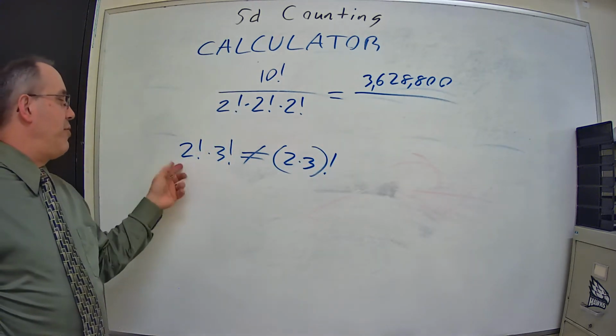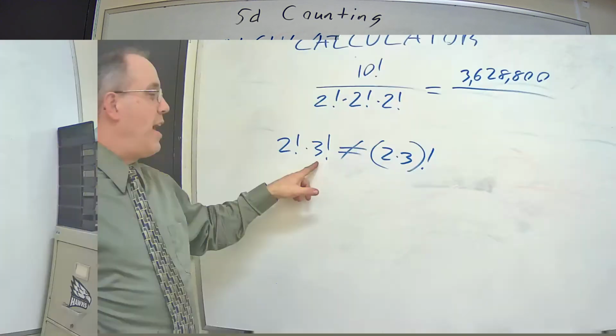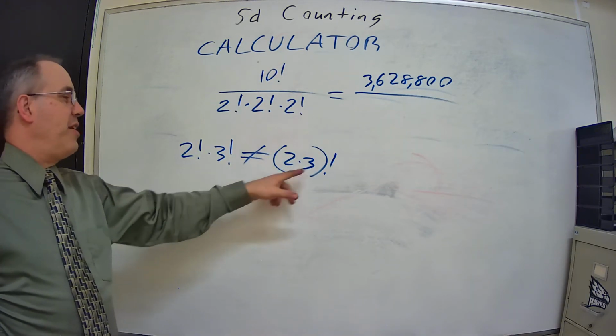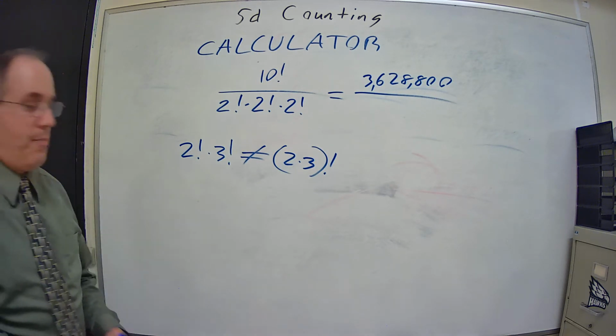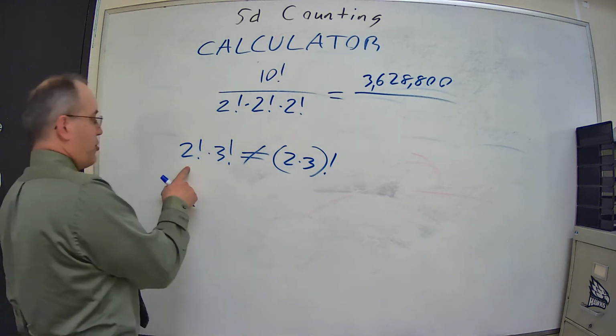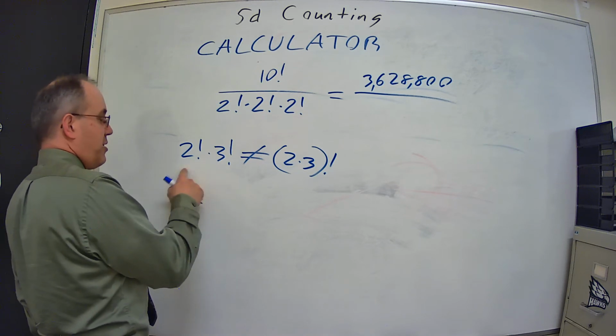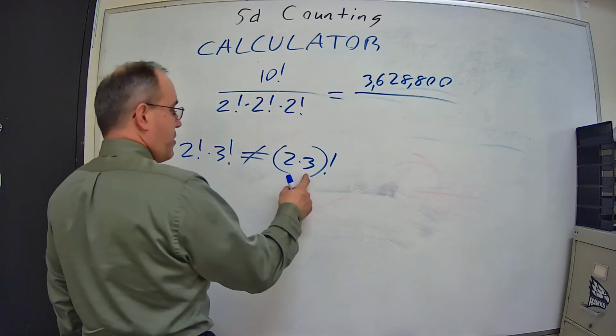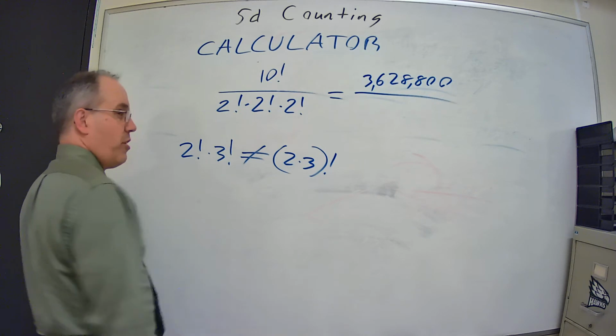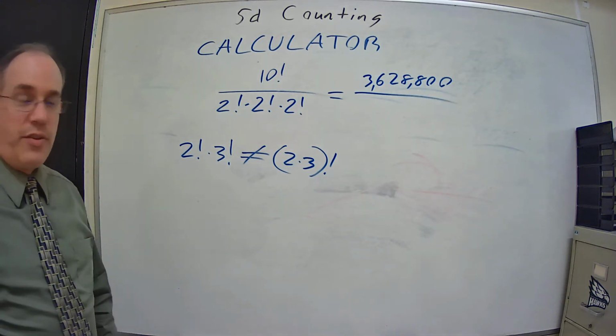You can't take what's being factorialized and multiply it together and then take the factorial. It's not the same. 2 factorial is 2, 3 factorial is 6, 2 times 6 is 12. 2 times 3 is 6, factorial, going to be much higher, 720.